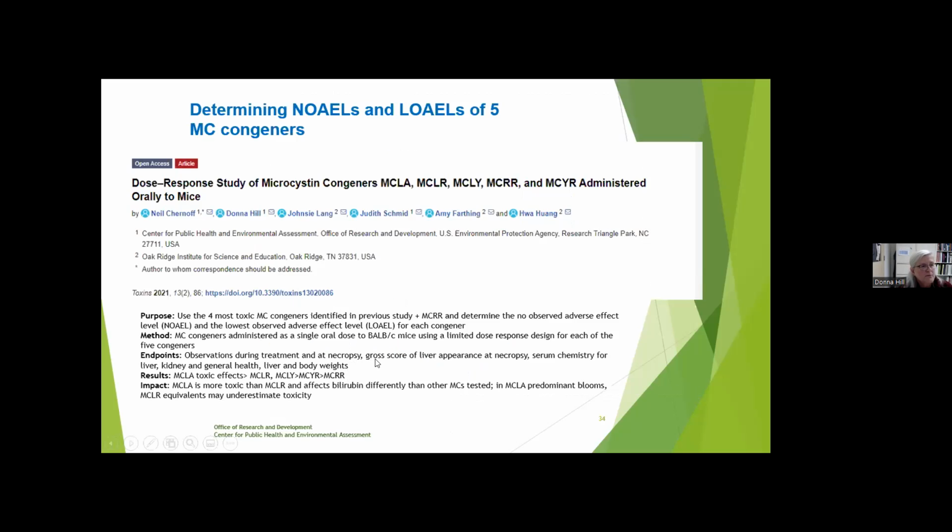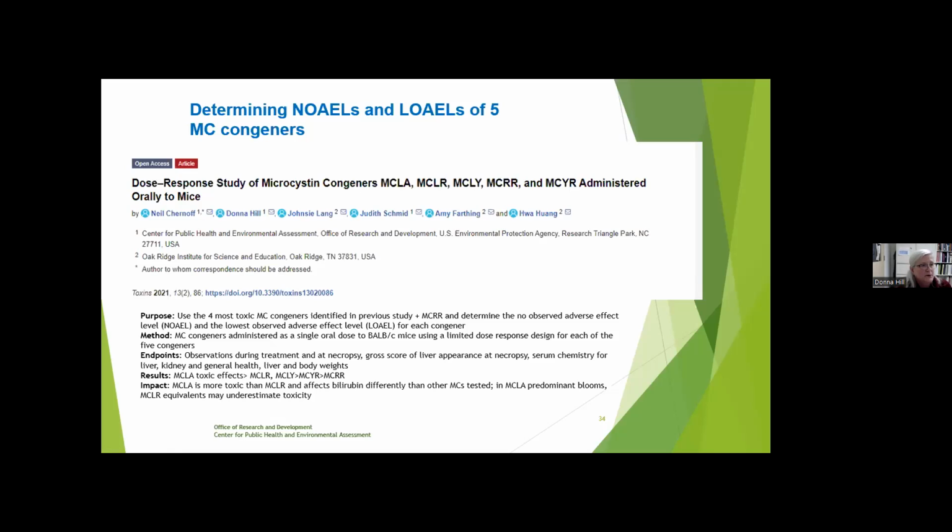So we took the 4 most toxic congeners from that comparison study, plus the RR, because it's just so common, it needed to be evaluated, and tried to determine NOELs and LOELs. So that's doing a dose response, doing multiple dose levels of each toxin, and then trying to find the highest dose that's not toxic and the lowest dose that is toxic.